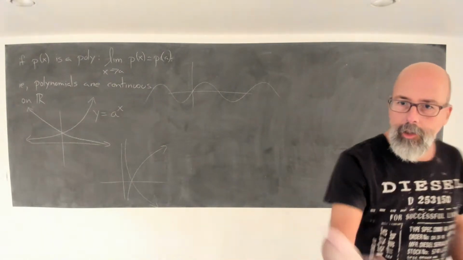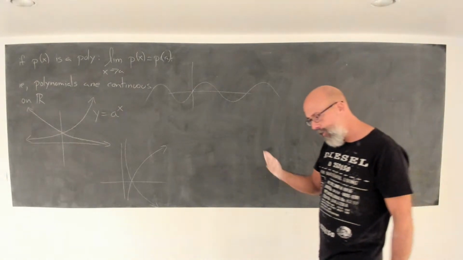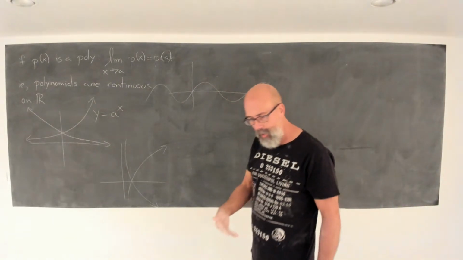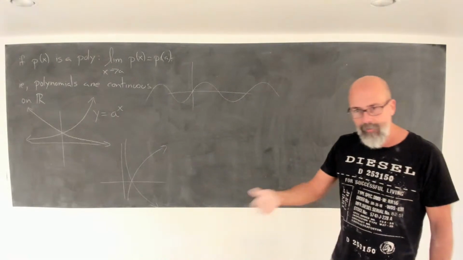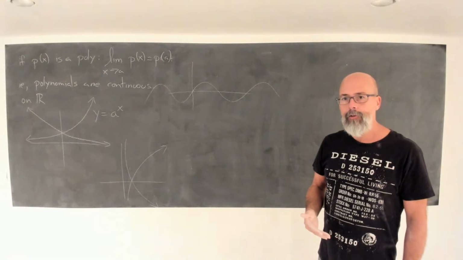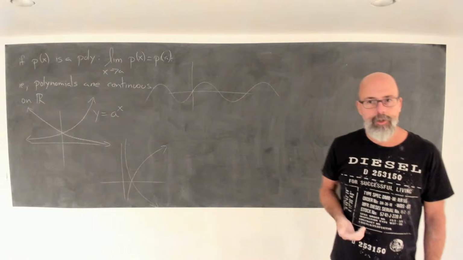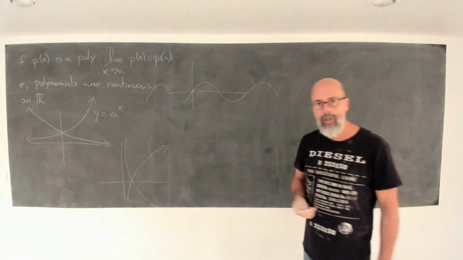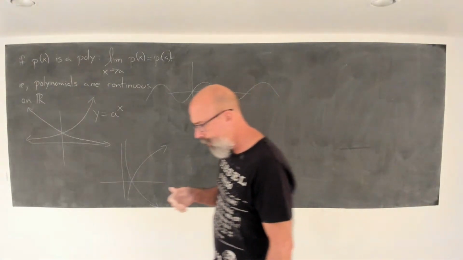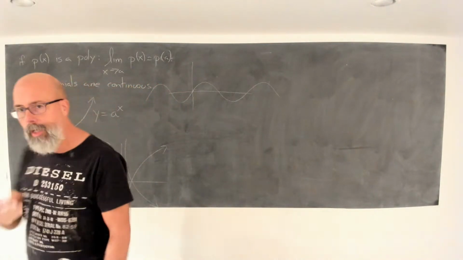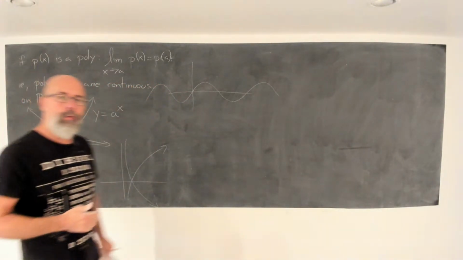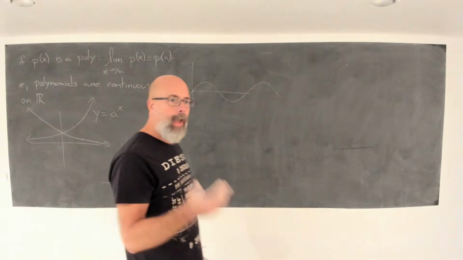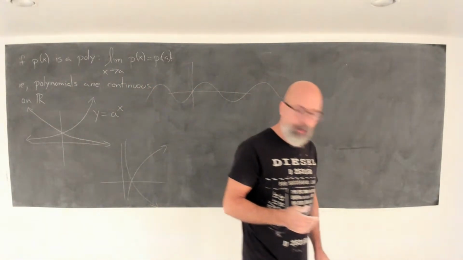And using limit laws, let's throw in the limit laws now. You know the limit of the sum is the sum of the limits. You know the limit of a product is the product of the limits, assuming these limits exist. What does that mean? That means that you can add two continuous functions and you still get a continuous function.